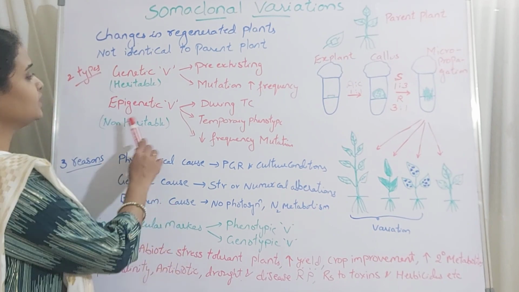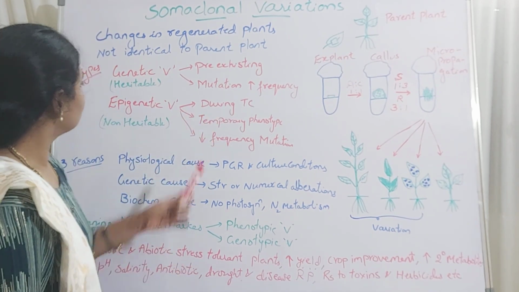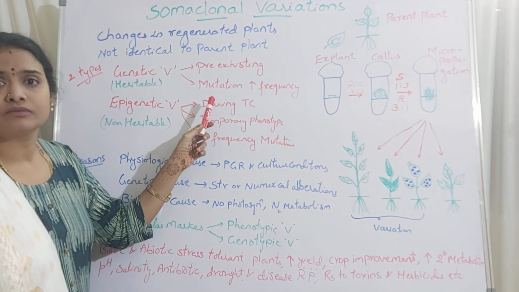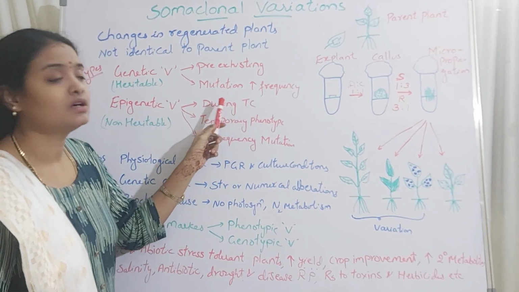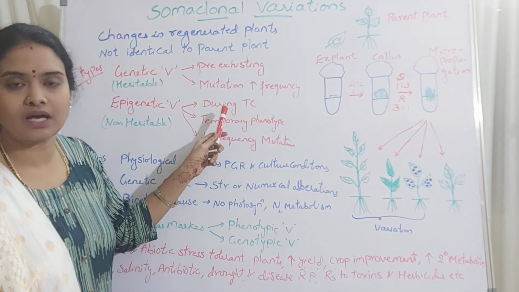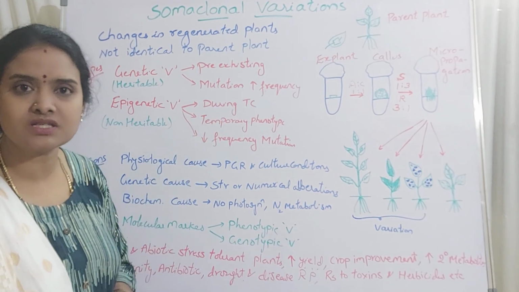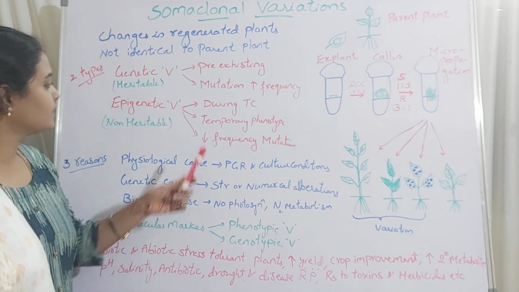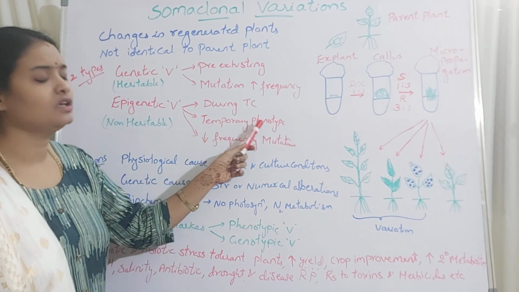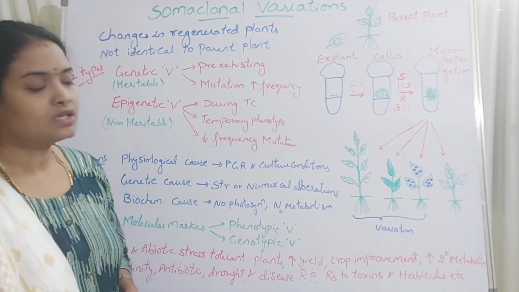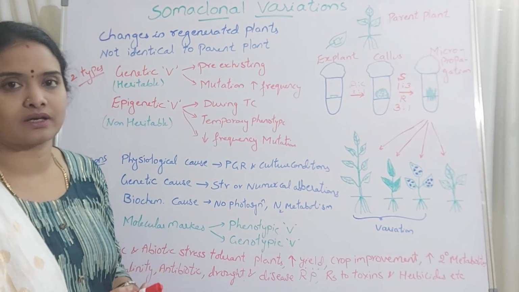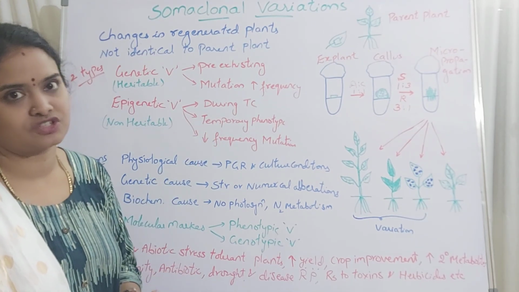Okay. So here, why have these variations occurred? This may be due to the plant tissue culture conditions. It can be due to the media components or the external environmental conditions. The second one is temporary phenotypic changes. Temporary phenotypic changes may occur which may revert back after attaining favorable conditions.